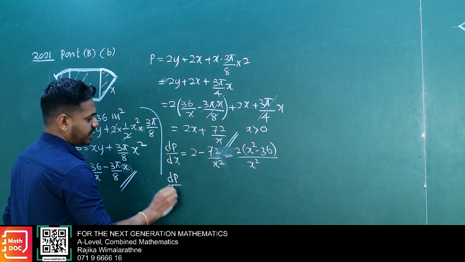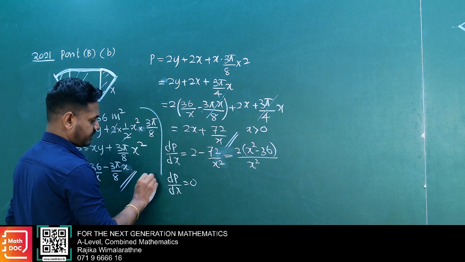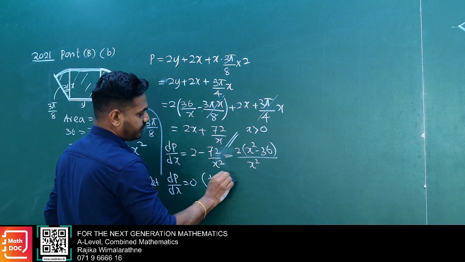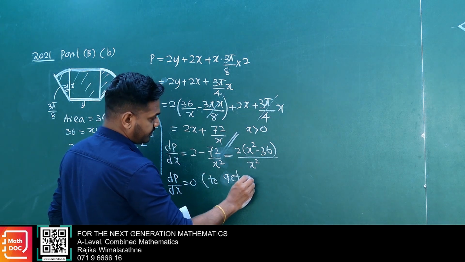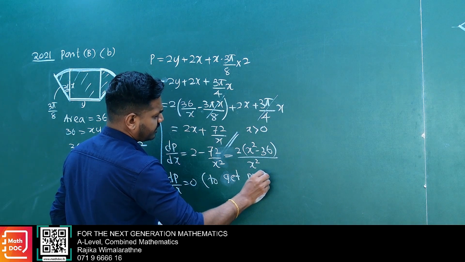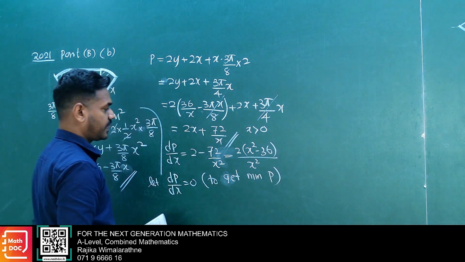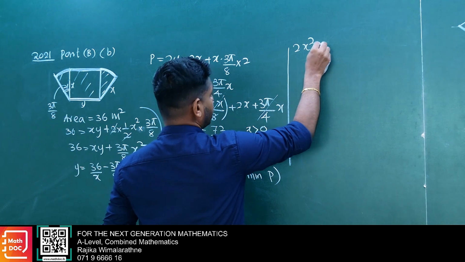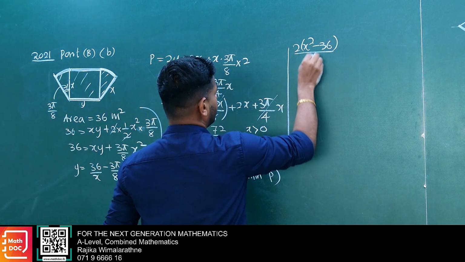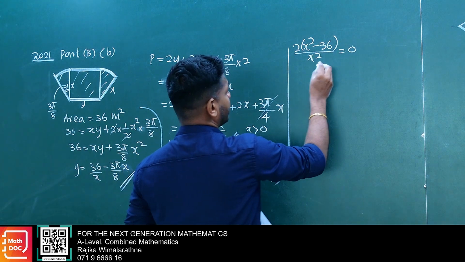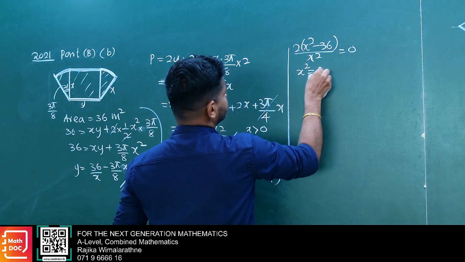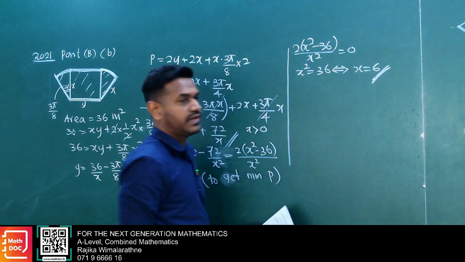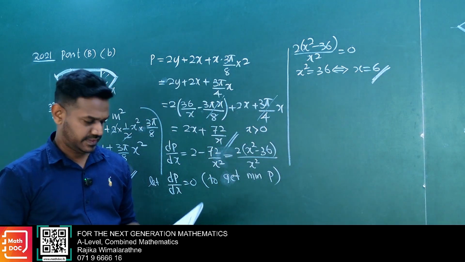Now dP over dx equals 0 to get the minimum P. Then 2 times (x squared minus 36) over x squared equals 0, then x squared equals 36, x equals plus or minus 6, x is a positive value, so x equals 6 only.